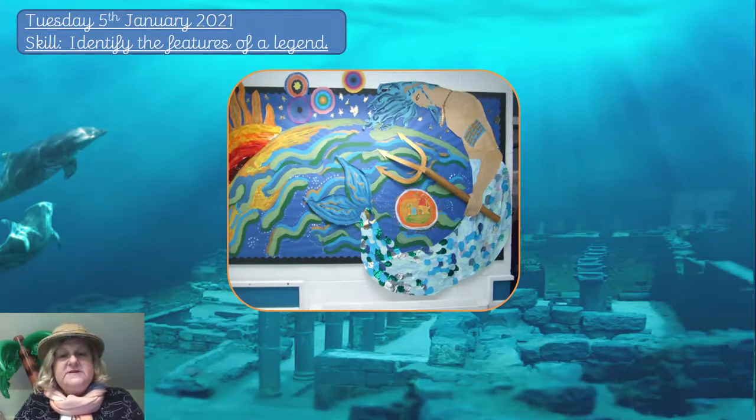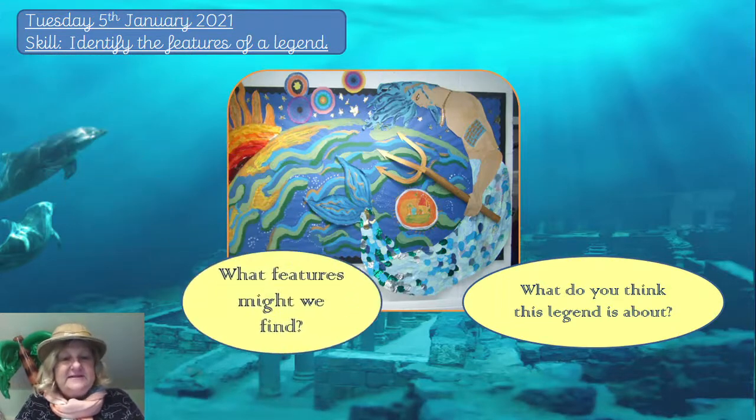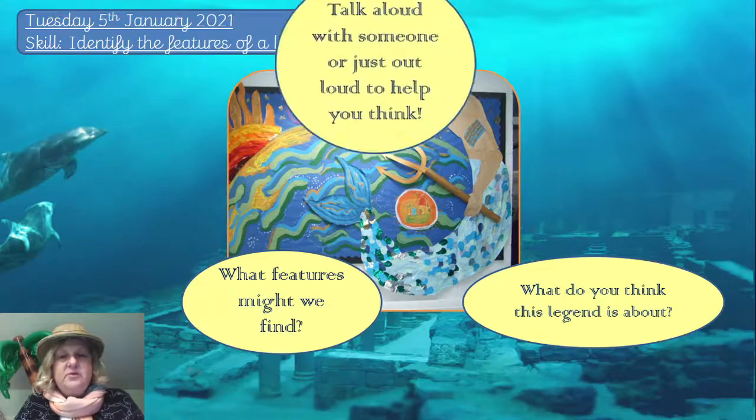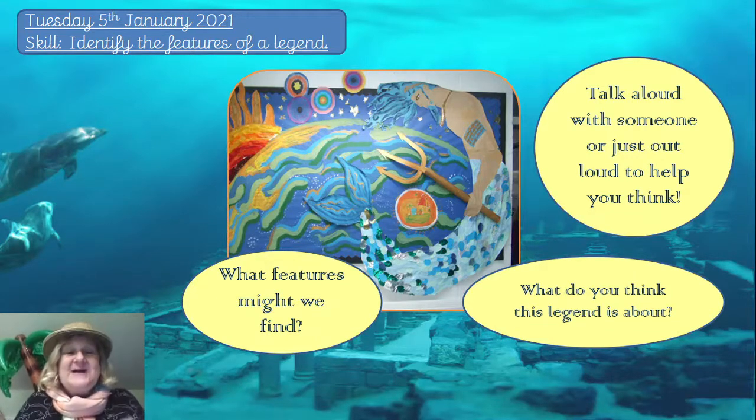So this is what the legend is about. You'll have a little look at this and have a little think. This is your thinking time now. What features might we find in this legend? Normally in class we'd be talking to our talking partner and giving our ideas, but you can't do that at home because you can't share partners across the ether. So you'll be talking to somebody.